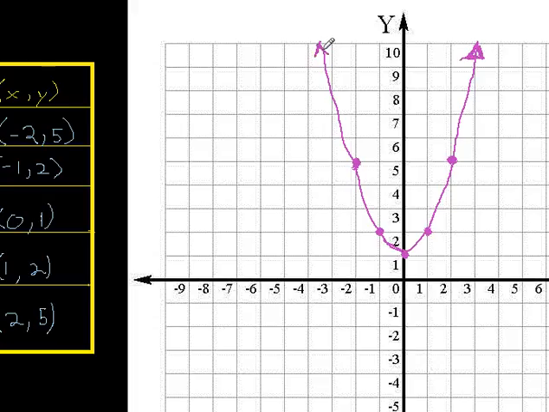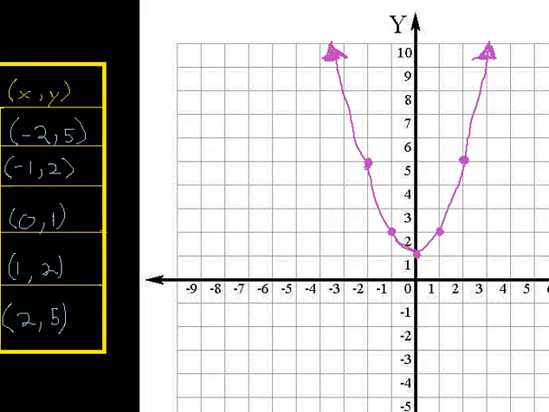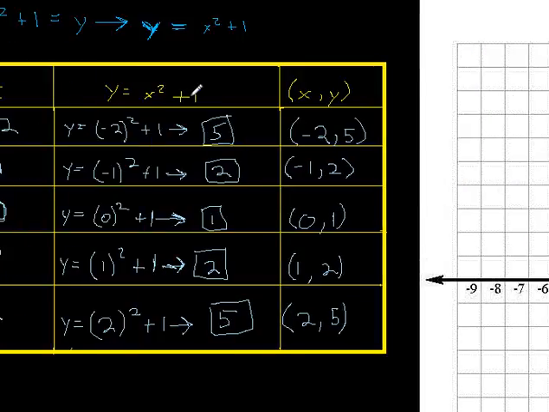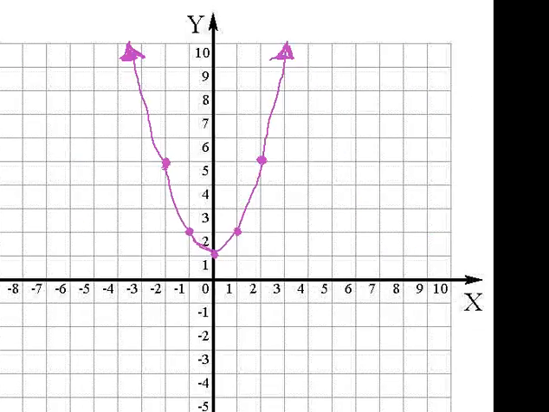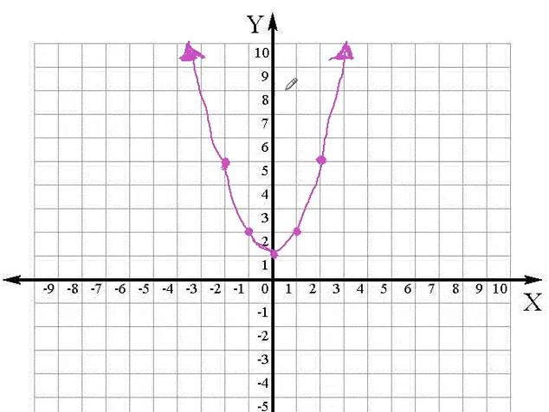These arrows are telling me that wherever my values are along this line, they will satisfy the function y equals x squared plus 1. So yes, the values along this line solve the function y equals x squared plus 1. So there's an infinite set of values. These arrows are saying there is an infinite set of values that will satisfy the function. Neat.